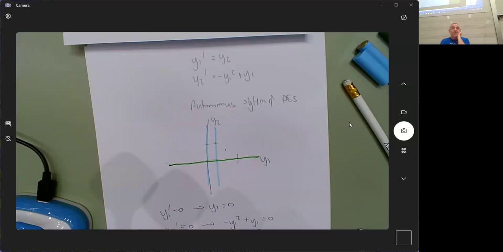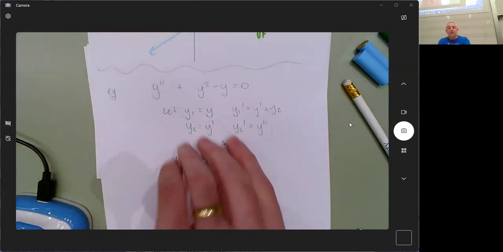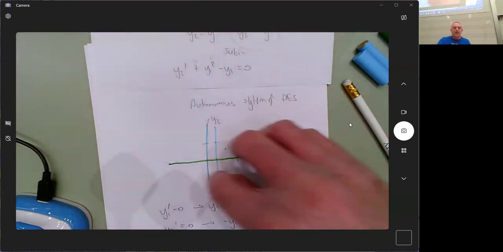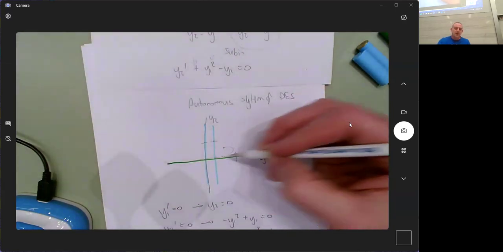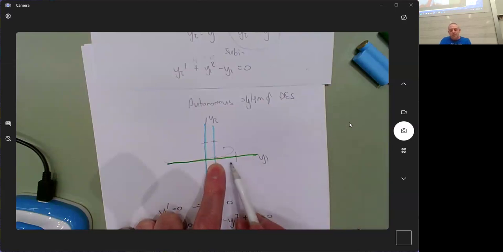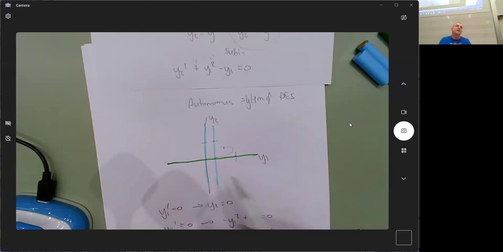The goal is to figure out what your variable does as time moves forwards in the original thing. If you can trace a path in here, then you can trace a path to see what y does as time moves forwards. And that's the idea.